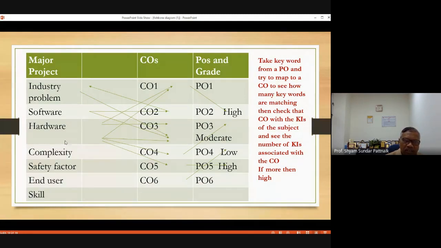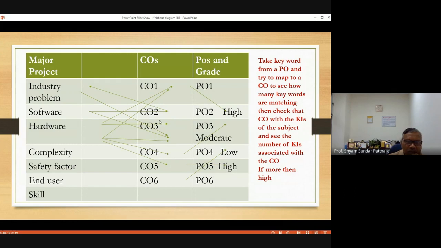Once the key indicators are written here, your 6 COs which you have defined need to be brought into the picture. Then you have to go for a mapping or correlation between these key indicators and the COs. You have to define your key indicators and COs in such a way that many of the key indicators may not be matching many times, while some of the key indicators will be matching to many COs.